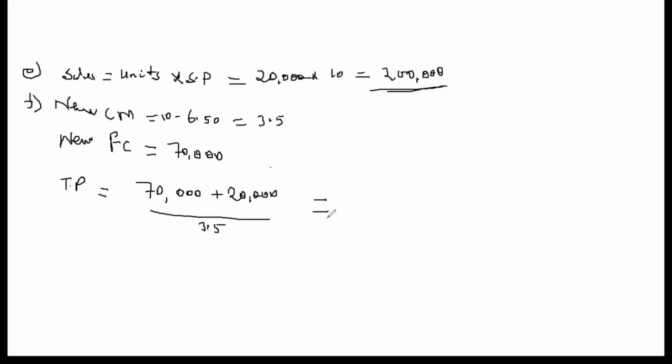So that gives us 90,000 divided by 3.5, which is 25,714 units.